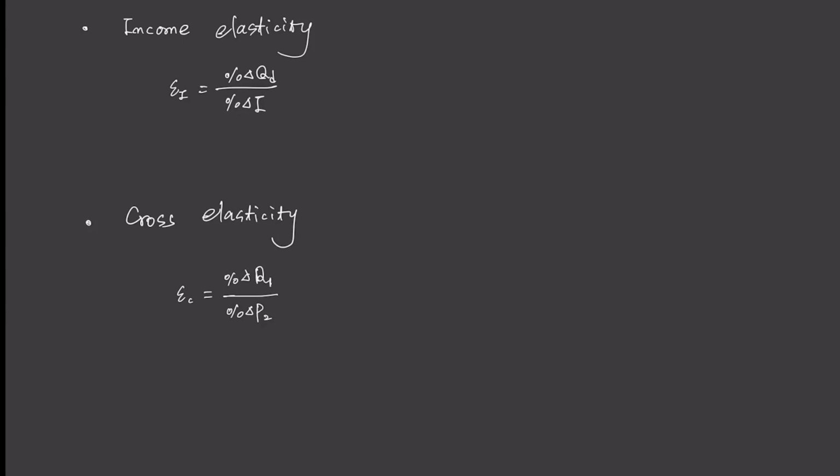So the quantity demanded of good 1 changes because of the change in the price of other goods.